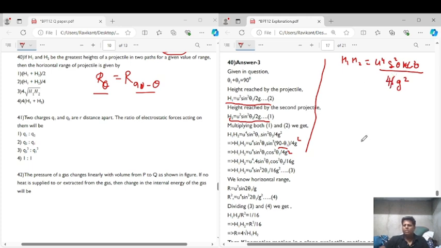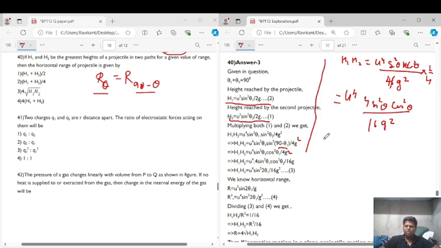Now we multiply with 4 upon 4, and we get H1 into H2 is equal to U raised to the power of 4 into 4 sine square theta into cos square theta upon 16G square, right?